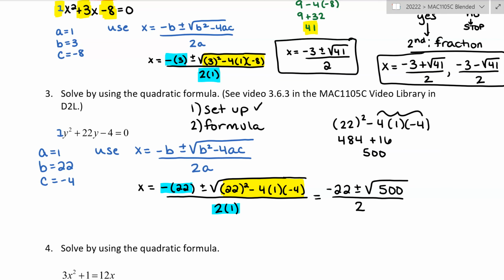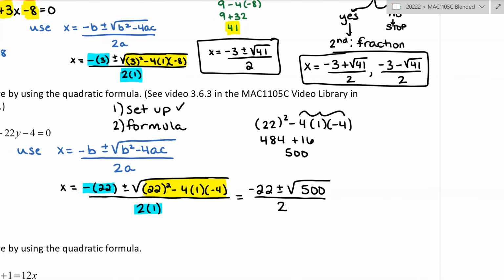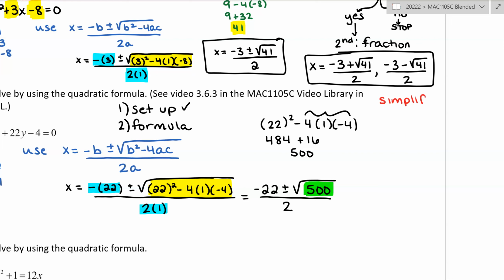Okay, so if you got here, you've successfully used the quadratic formula, and now we just need to simplify. So the first thing we're going to try to simplify is the radical. So we need to take 500 and break it down. So I'm just going to write simplify radical. And 500, I think, is kind of clear.